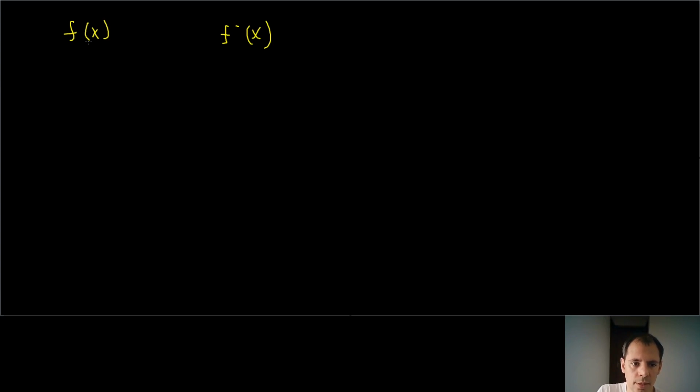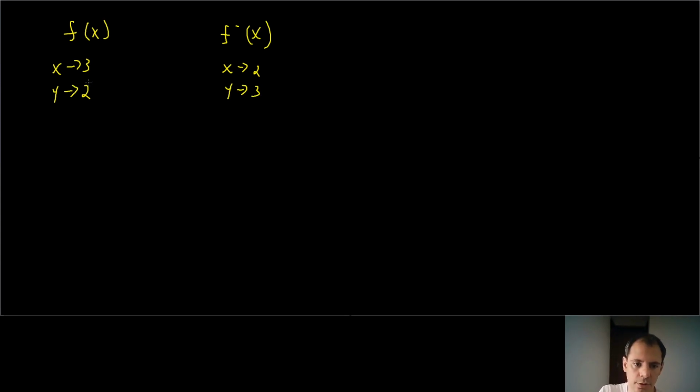If this function right here turns x into y, let's say you plug in a 3 here, and what you get back is a y of 2. In here, if you plug into the x of this function a 2, you're going to get a y of 3. That's what it means, okay?